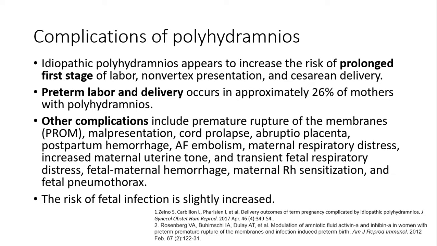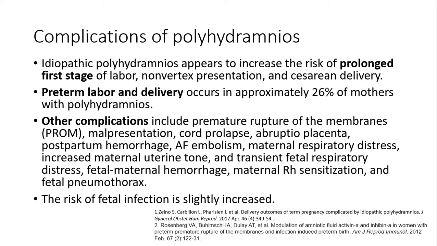Anyway, complications of polyhydramnios may include prolonged first stage of labor. They may also lead to non-vertex presentation, which is not favorable, like breech presentation, and of course may lead to abdominal deliveries. Preterm labor and delivery occur in approximately 26% of mothers with such a condition.